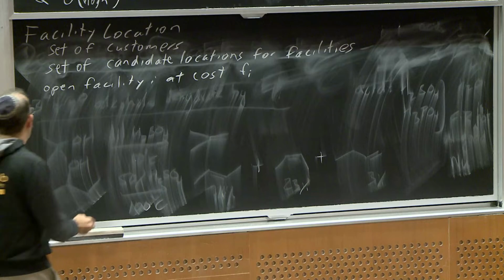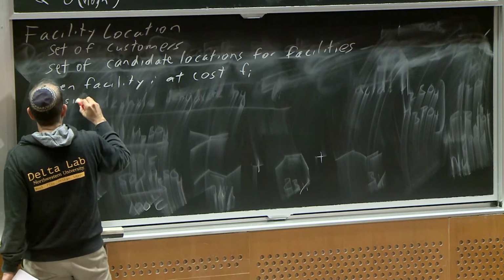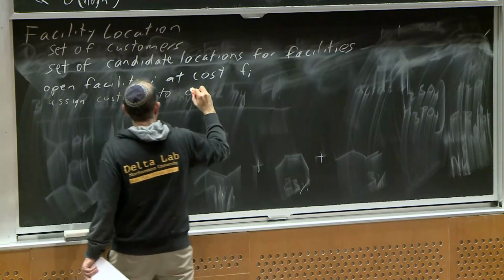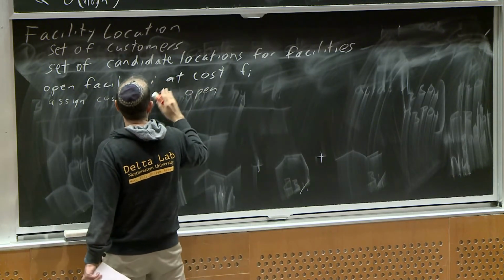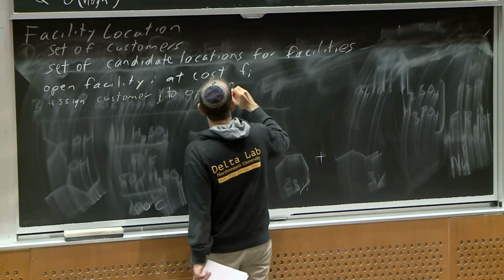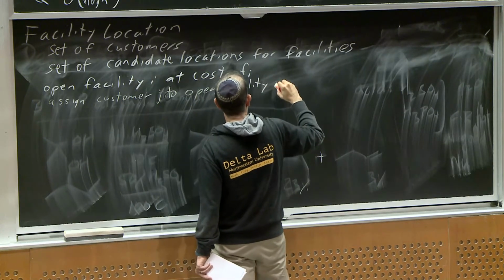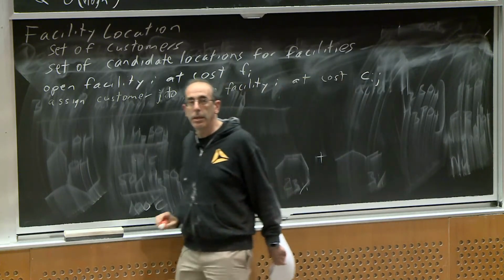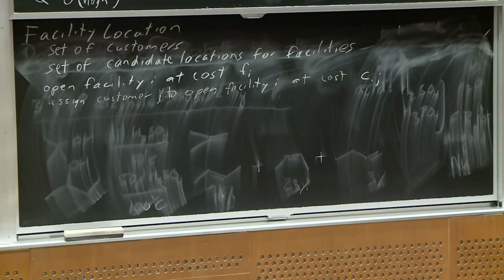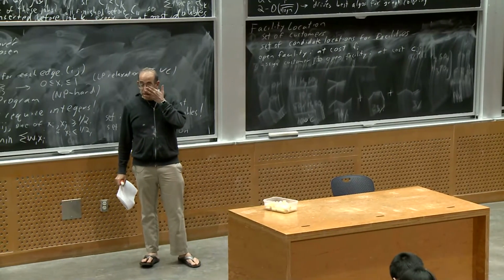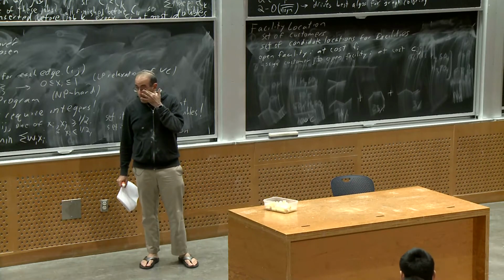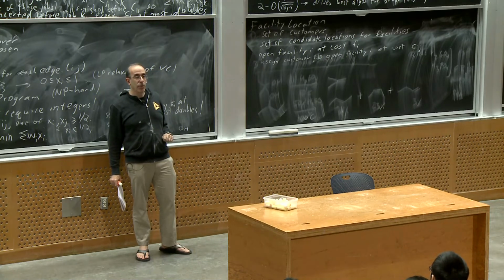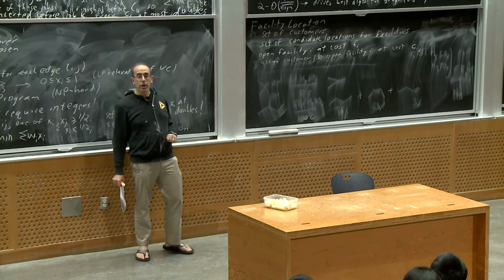And now, once you've opened the facilities, you assign each customer j to any open facility i at cost c_ij. This represents the commute time or the amount of money that they have to pay to get there, or some other notion of the utility of that facility for that customer. Okay?